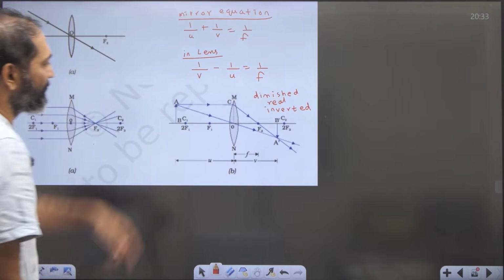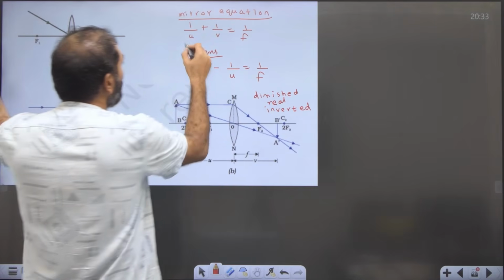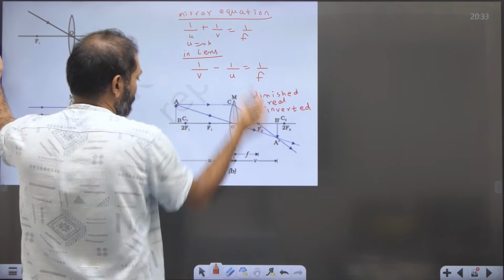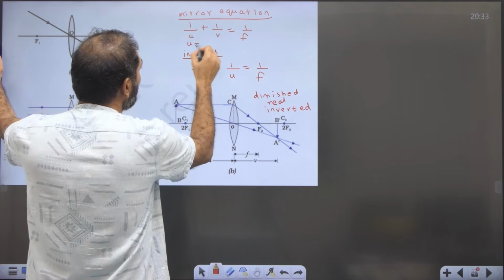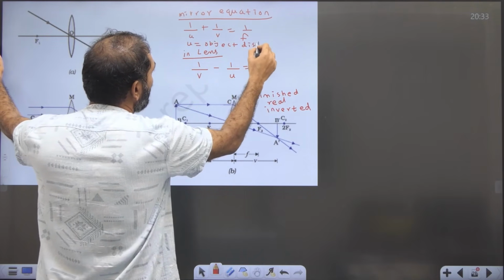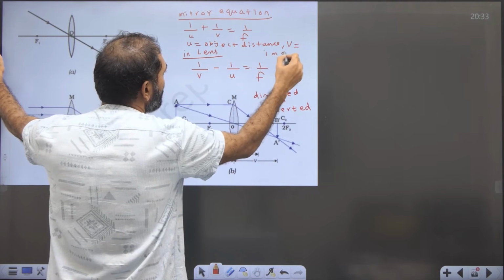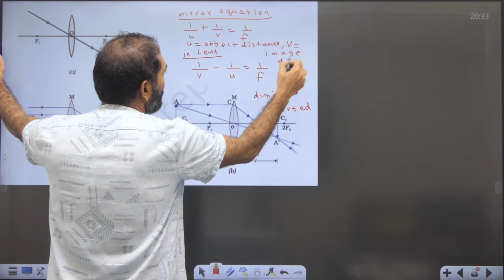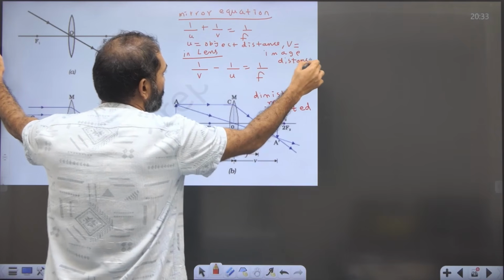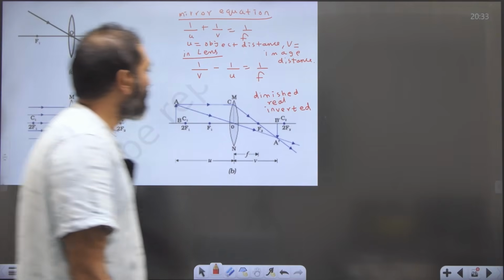This is the equation. u is the object distance, v is the image distance. I hope it is clear.